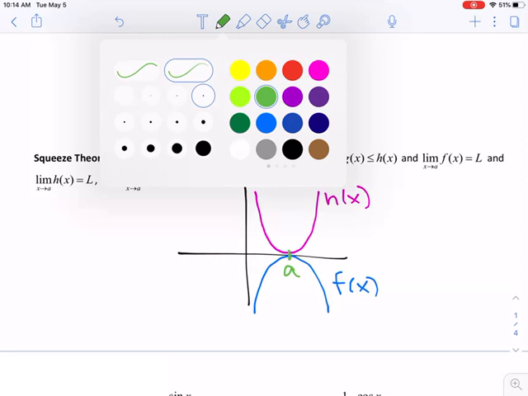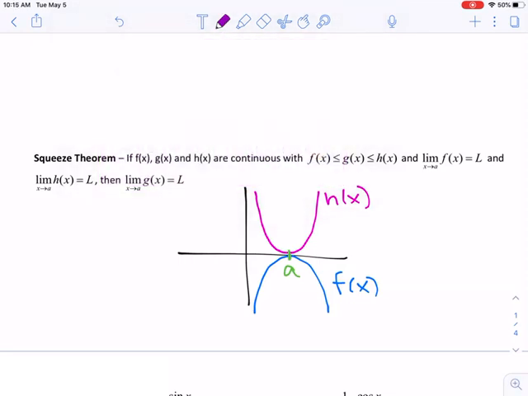And let's say that there's some g of x, maybe some function that looks like this. Notice that it's being squeezed at A. So if g of x is in between the two, and the limit of h is L and the limit of f is L, then at A, the limit of g has to also be L.